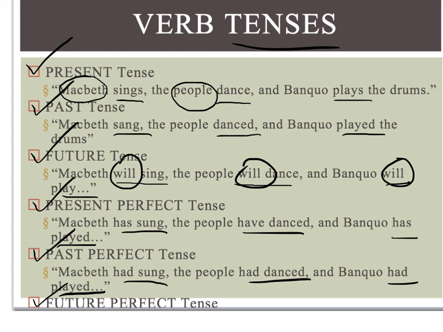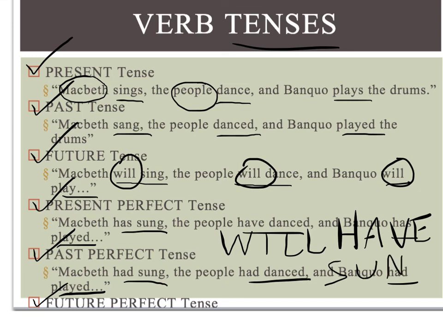So Macbeth, and I'm just going to write over this in this blank space here, Macbeth will have sung. We could say Duncan will have danced and Banquo will have played his drums, right? And again, we're using it to describe actions that will be completed in the future but haven't yet begun.